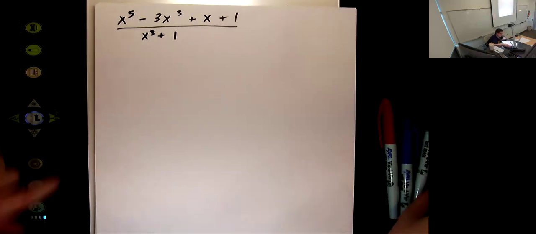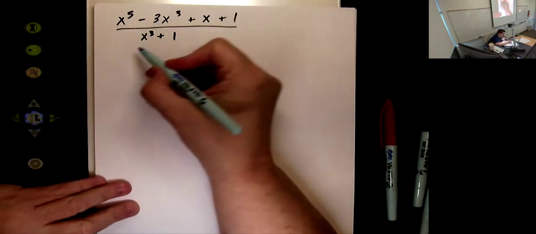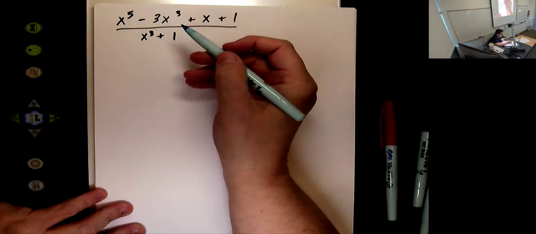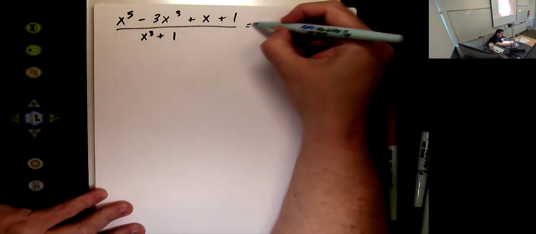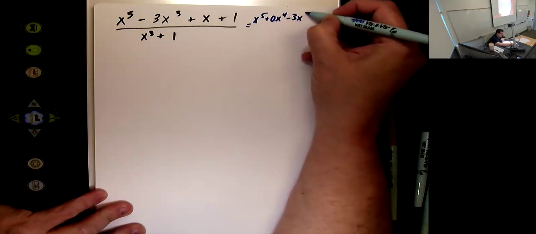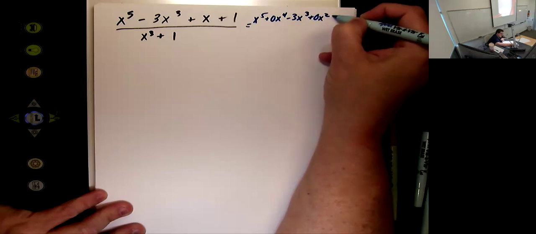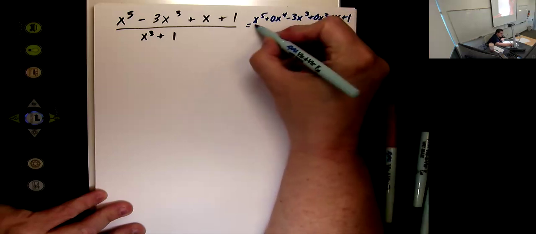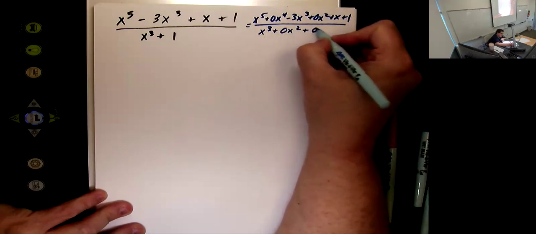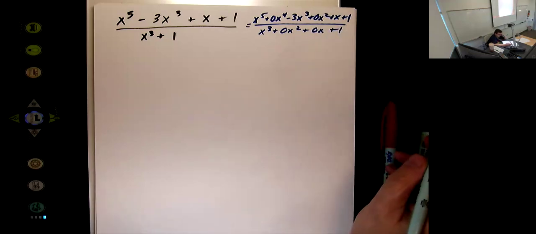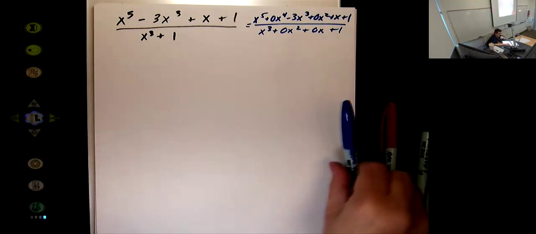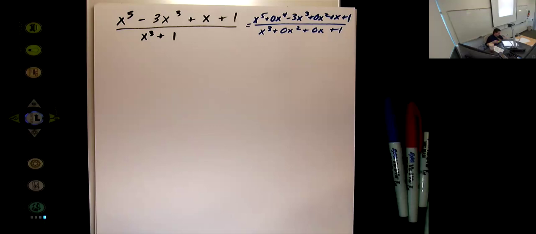When we do long division here, everywhere I'm missing a power, I'm going to plug in a 0. So this is x to the 5th plus 0x to the 4th minus 3x cubed plus 0x squared plus x plus 1. I'm going to write this as x cubed plus 0x squared plus 0x plus 1. It's not so important to write the fraction like that, but I want you to see where it's coming from when I do it down below.